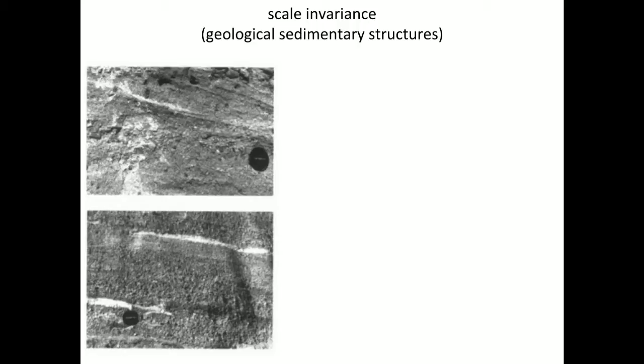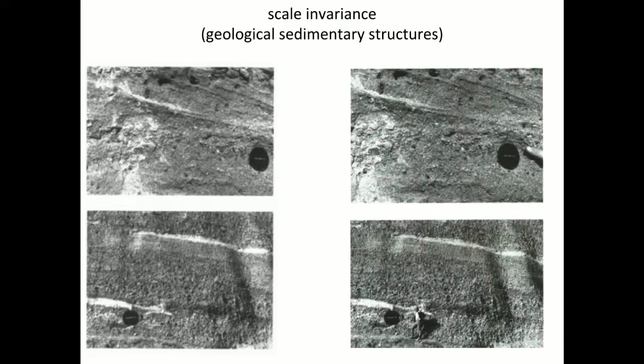And then if you actually see that this one is a finger pointing to this marker, and here is a person. I don't know how well you can see that, but there's a person standing next to it. So this is a big face of a big cliff, whereas this is a small rock, but visually they pretty much look the same. It's kind of scale-free, which suggests that the processes that led to the formation of these structures were somehow scale-free as well.